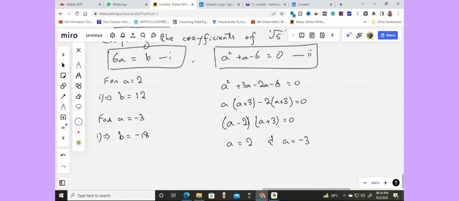So this tells that for a value 2, my b is 12. For a value minus 3, my b is minus 18.